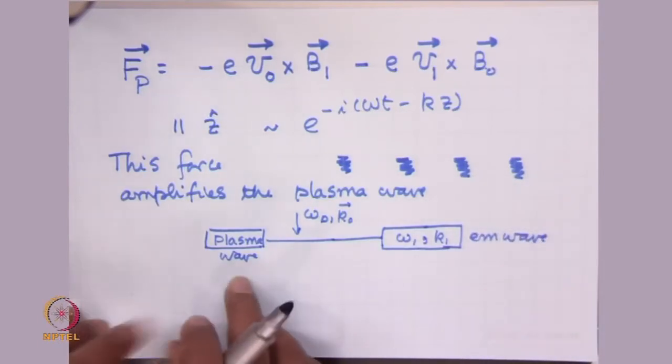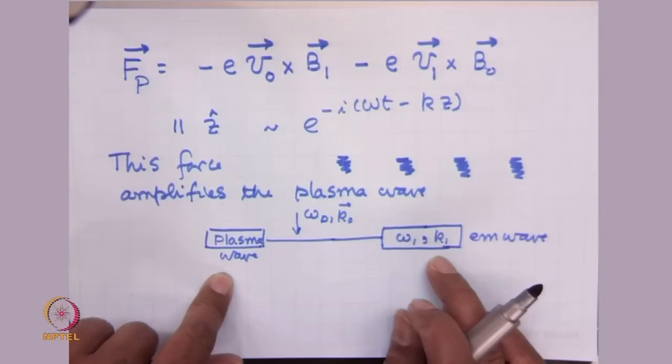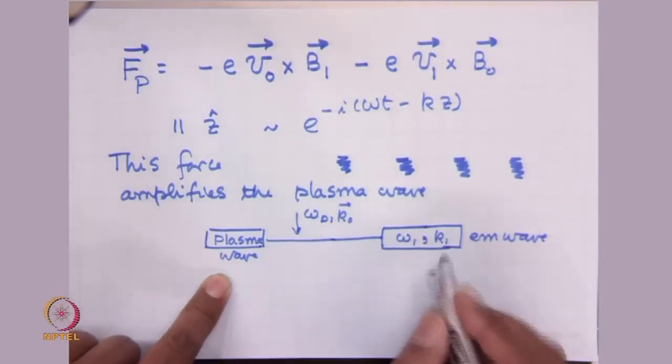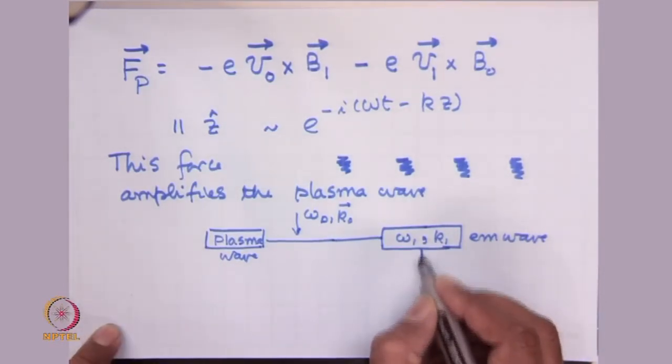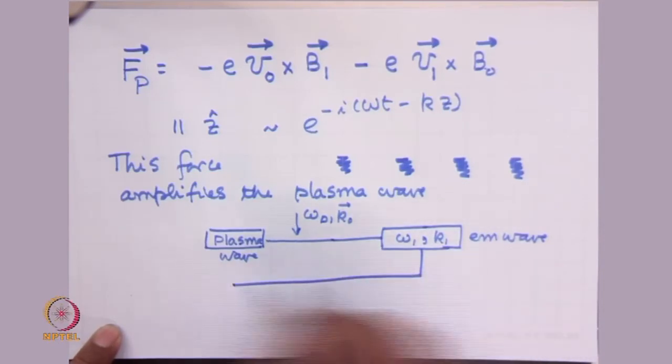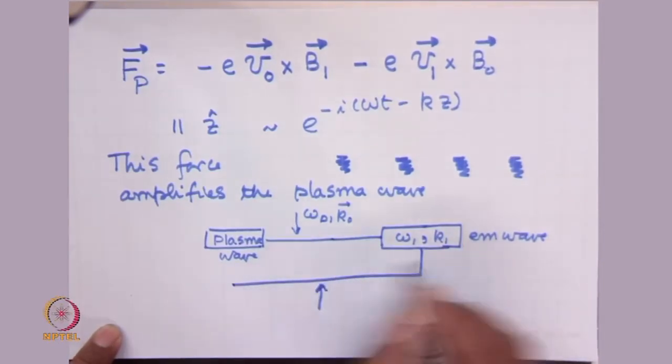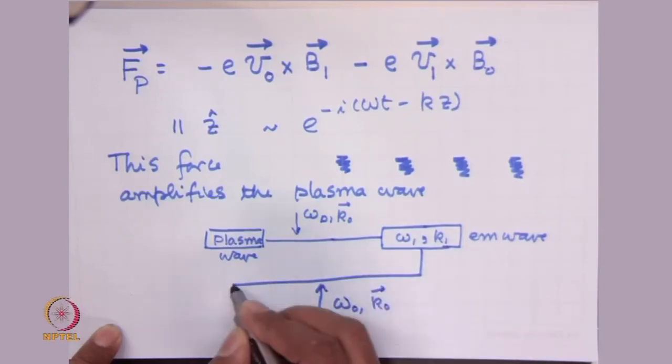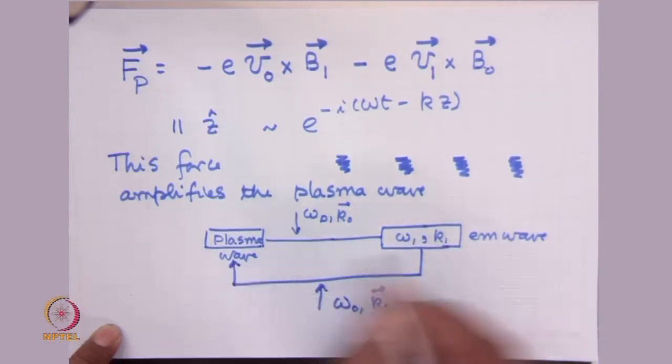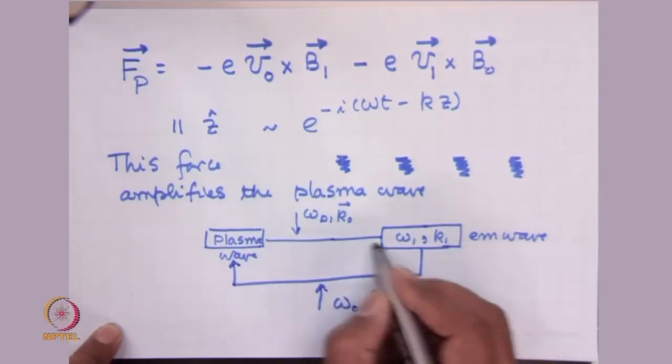So, the plasma wave generated an electromagnetic wave in the presence of a pump wave, and this again interacted with the pump wave omega 0, k0 and generated a plasma wave. So, this is the feedback process.